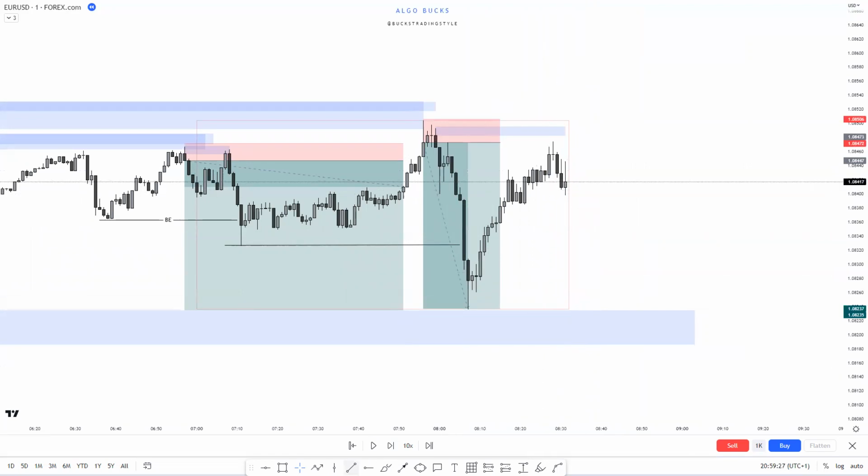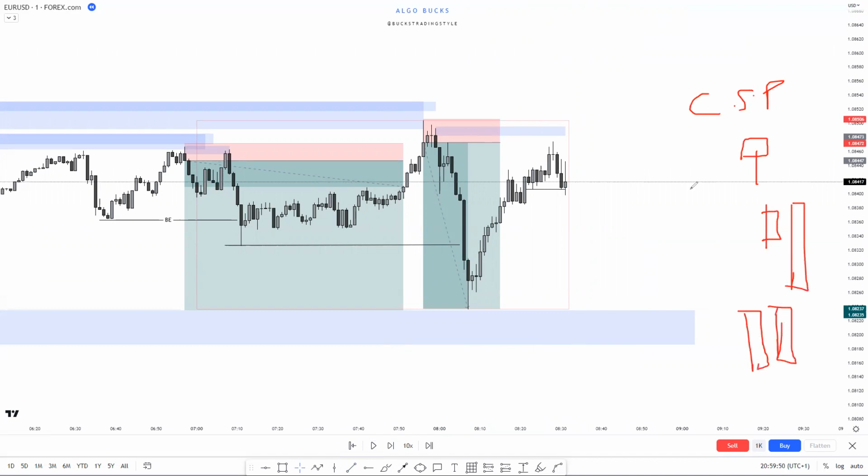So as price took out this right here, initially, after price has taken this low, we're supposed to wait for a candlestick pattern, which is either the rejection candle, the engulfing, or the railway track. This is what we're probably waiting for.